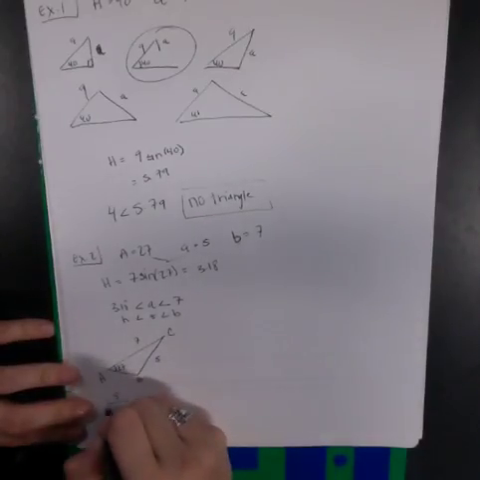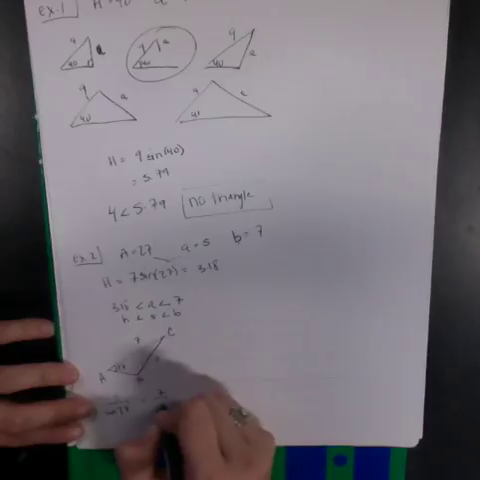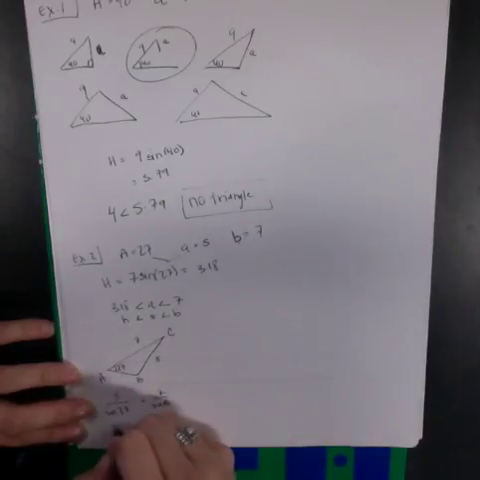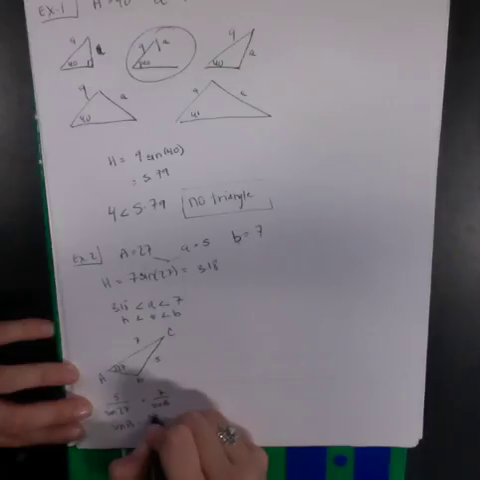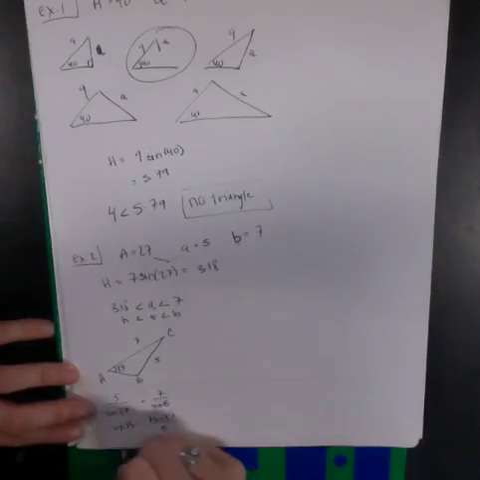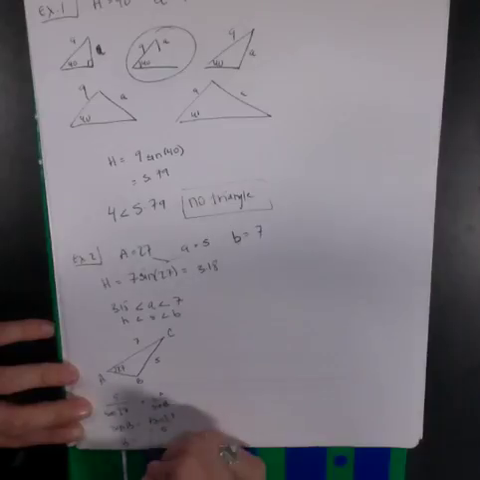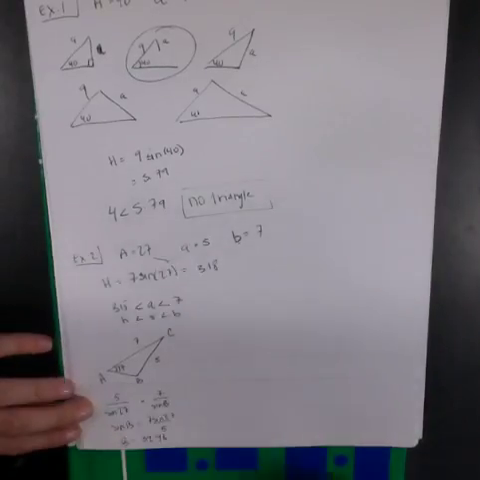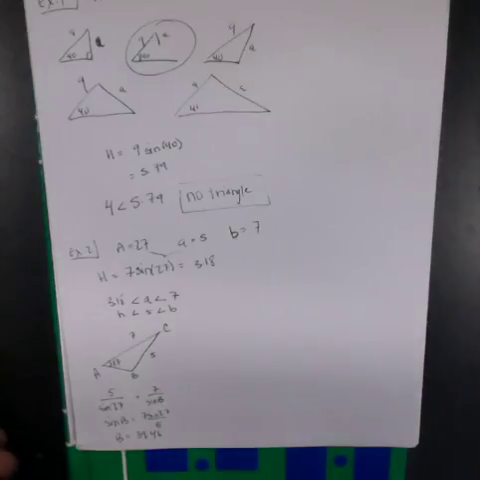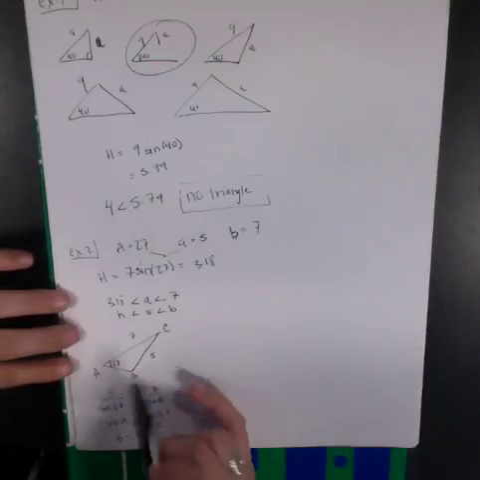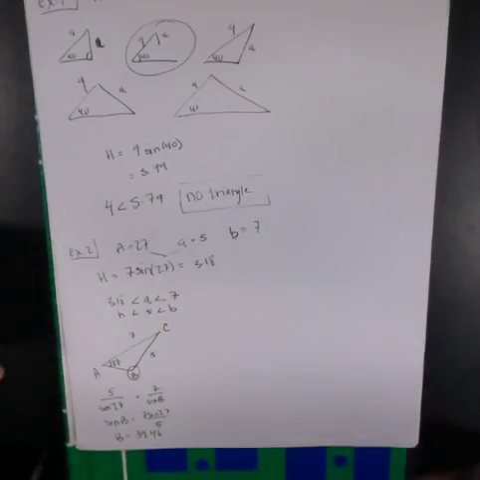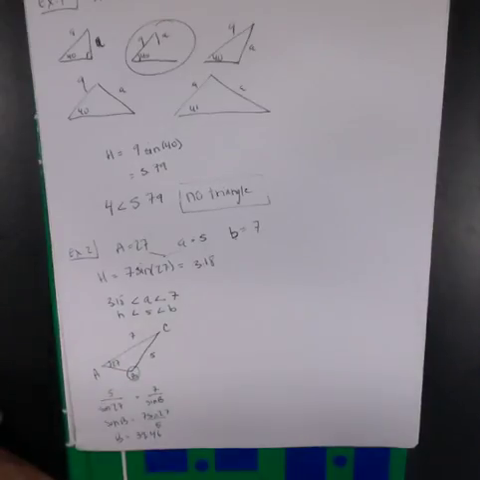So I get 5 over the sine of 27 is 7 over the sine of b. So the sine of b is 7 sine of 27 over 5. b is the inverse sine of that, which gives me 39.46. Now, the 39.46, right, I have to think about this angle, b. It's an obtuse angle, right?